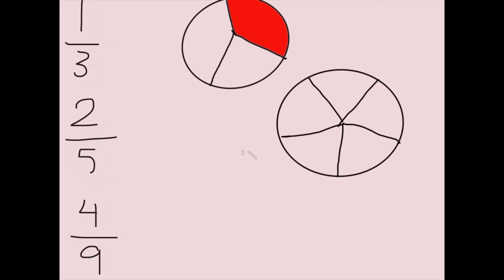Numerator here is 2, which is located on top of the line. So we're going to take 2 parts from those 5 equal parts, and I'm going to color those 2 parts in blue.